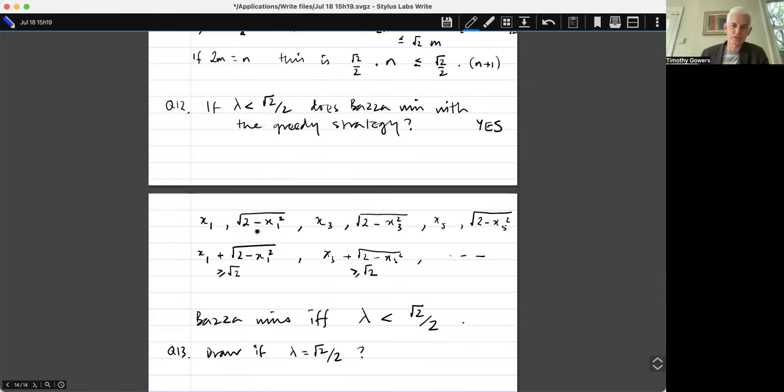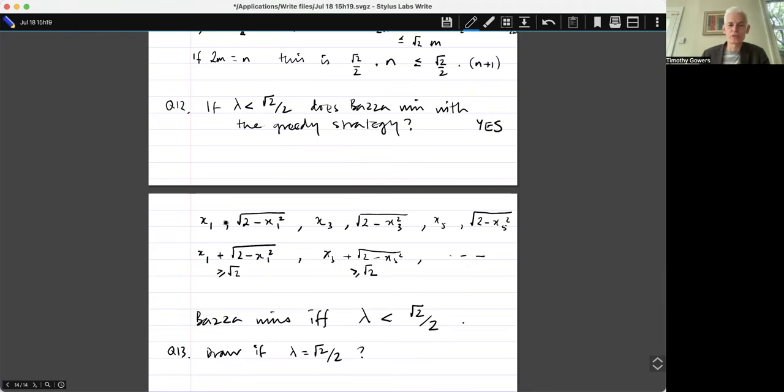If Bazza plays a greedy strategy, then Bazza also can't lose because the same argument that showed that Alice is always going to have to choose these xi's to be less than root 2 shows that when Bazza plays the greedy strategy, the squares of these two numbers add up to 2.